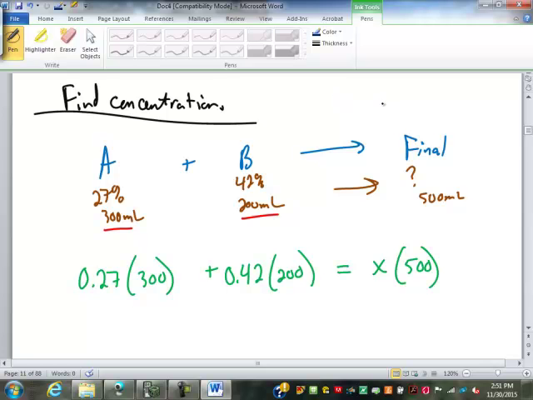So now 0.27 times 300 is 84? I think it's 84. 0.42 times 200 is also 84, isn't it? Yes, it is. That's convenient. Then x times 500 is just 500x.